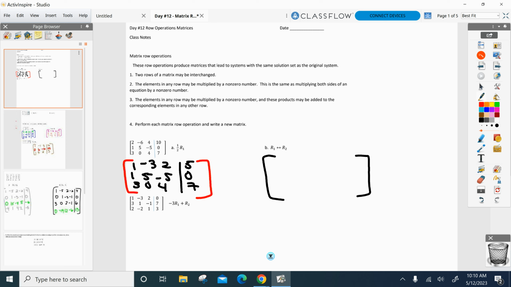Remain the same. Stays the same. So 1, 5, -5, 0. There we go.